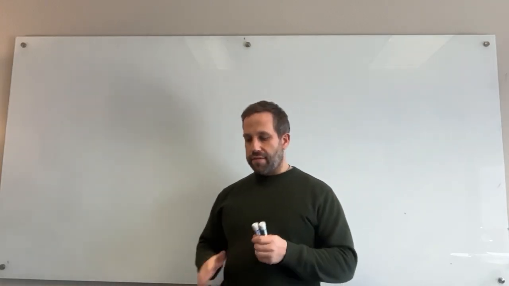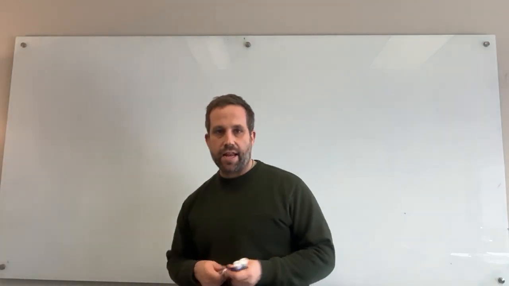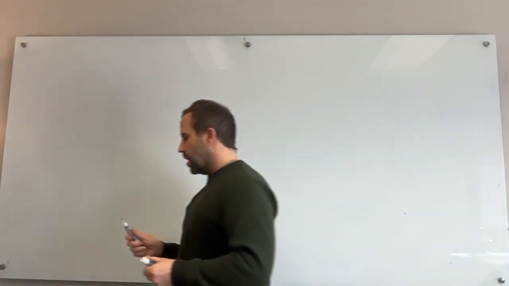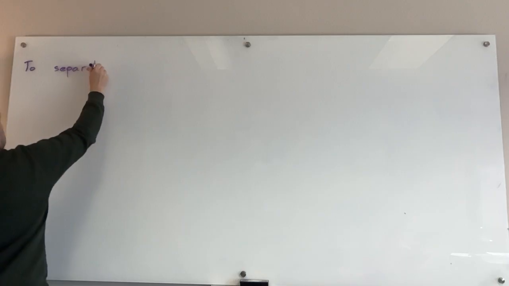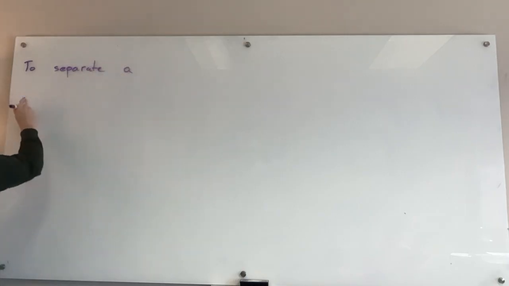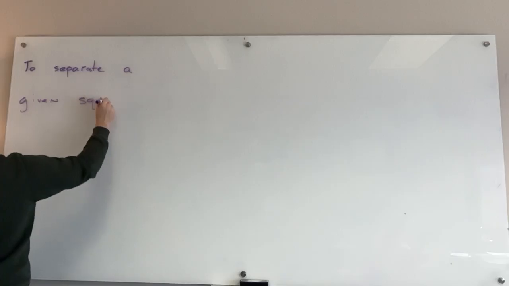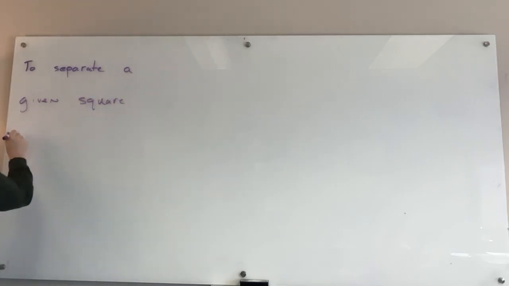Anyways, so I'm going to give one example of the type of problems that he looked at and his solution technique. So the first problem, or the only problem, is to separate a given square into two squares.